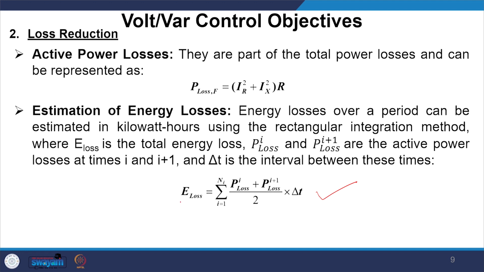So energy loss can be calculated as the summation, from i equal to 1 to N, of [P_loss at the i-th time interval plus P_loss at the (i+1)-th time interval] divided by 2, multiplied by delta T, which will give you the total energy.